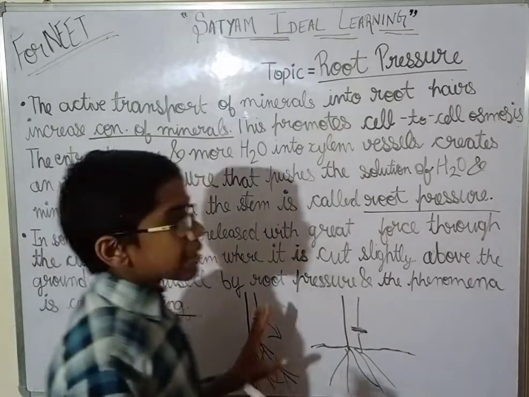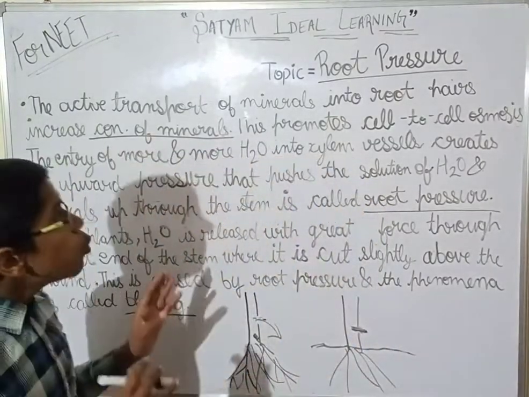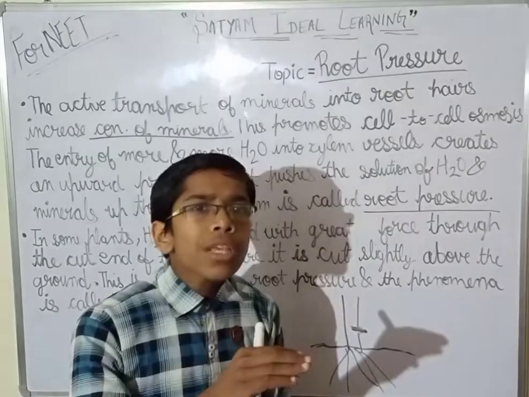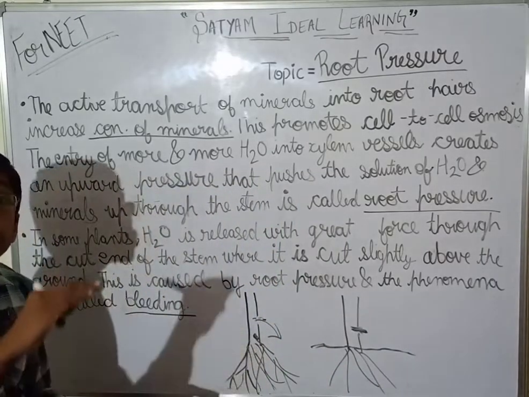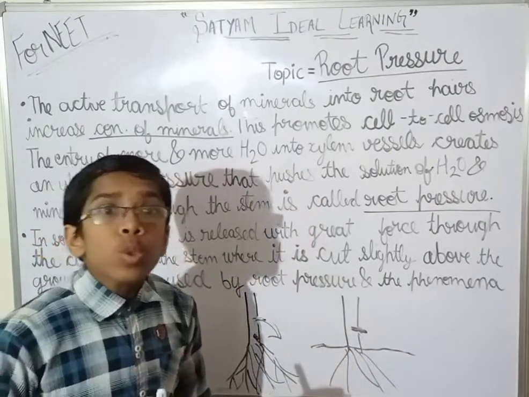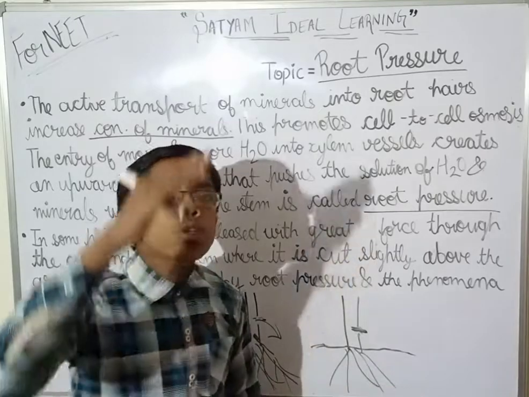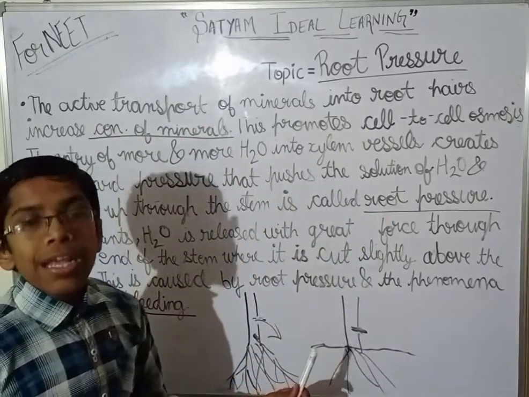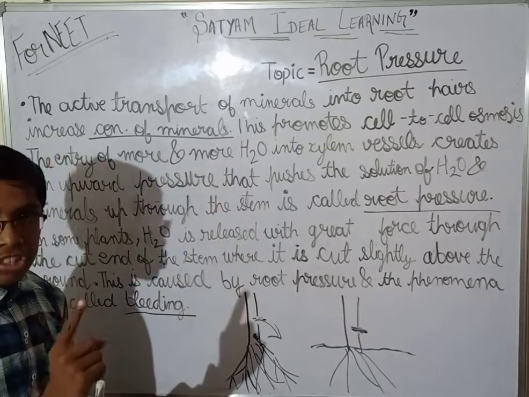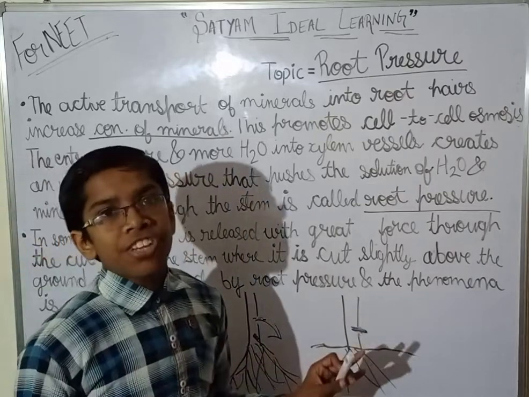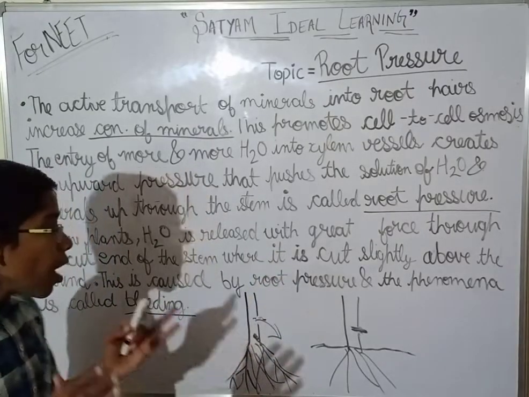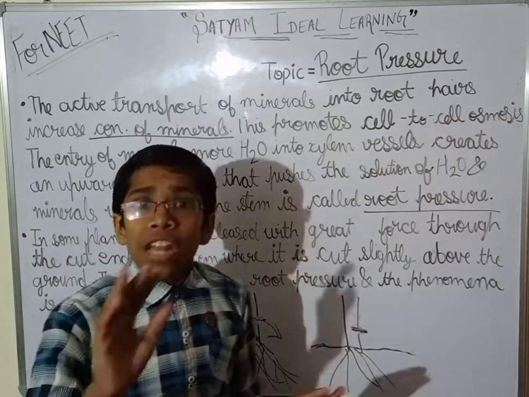Now see, root pressure is sufficient for short plants in pushing water and minerals to their topmost branches. If there is a small plant and the water and minerals have to go to the topmost branch, then root pressure is sufficient. But in tall plants, in tall trees, root pressure is not sufficient.